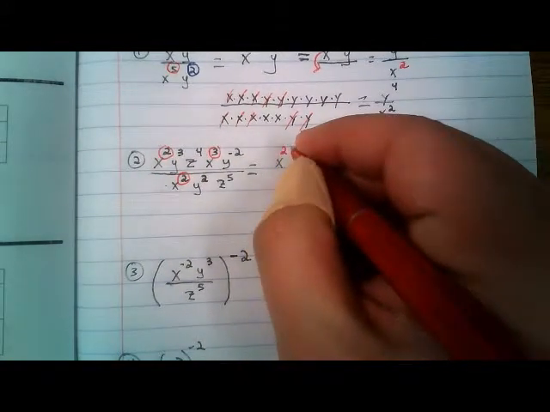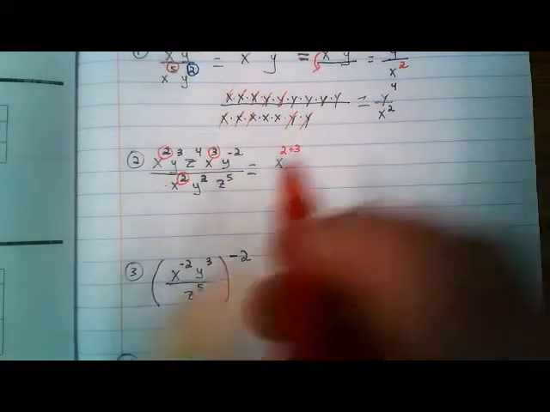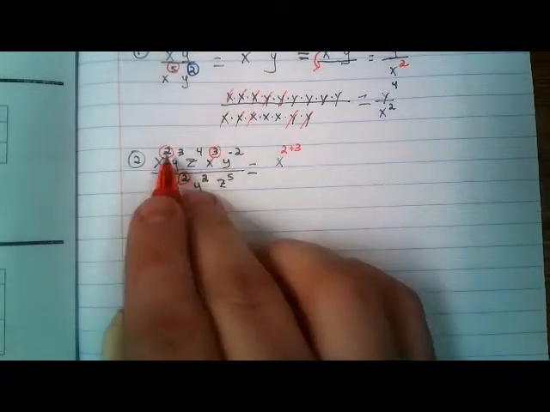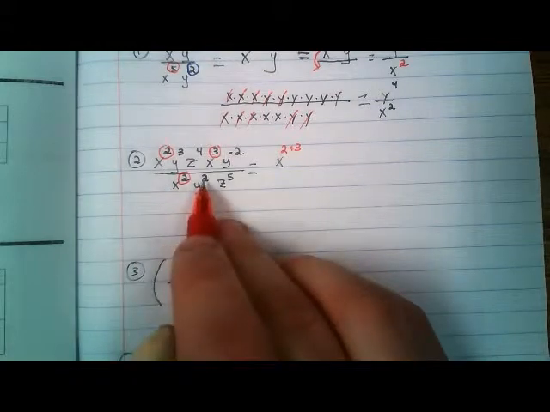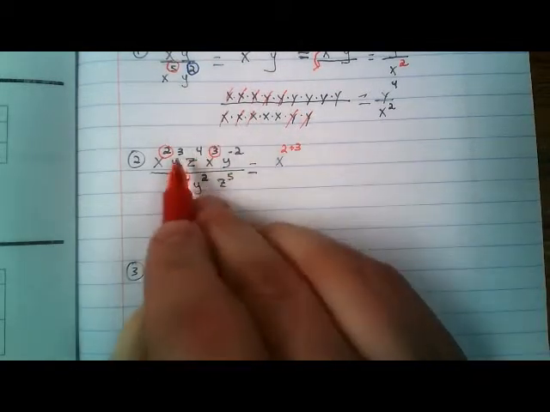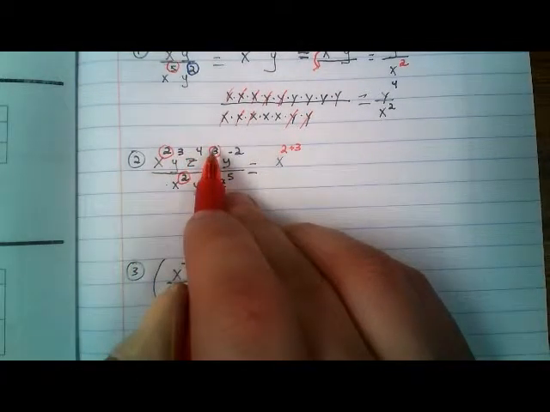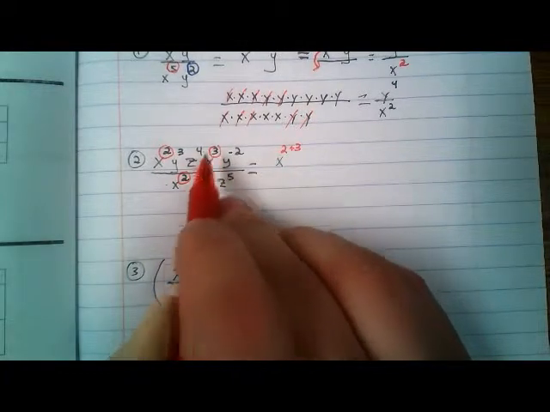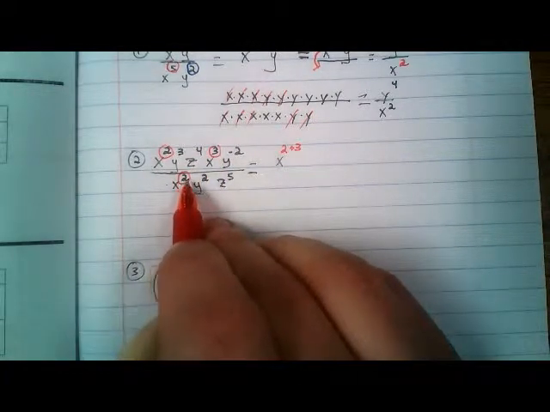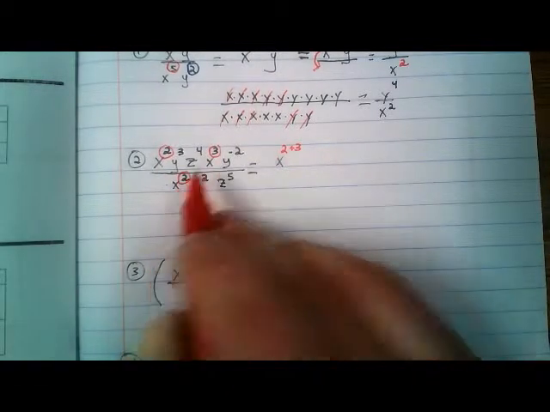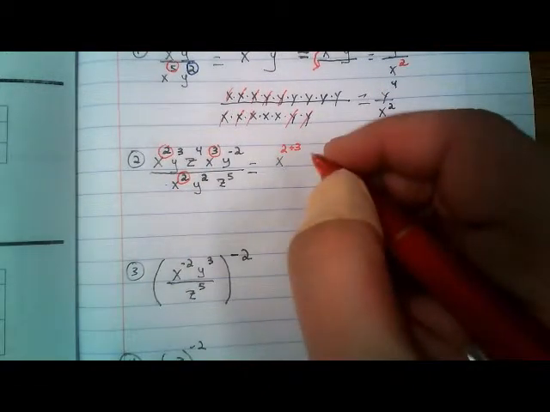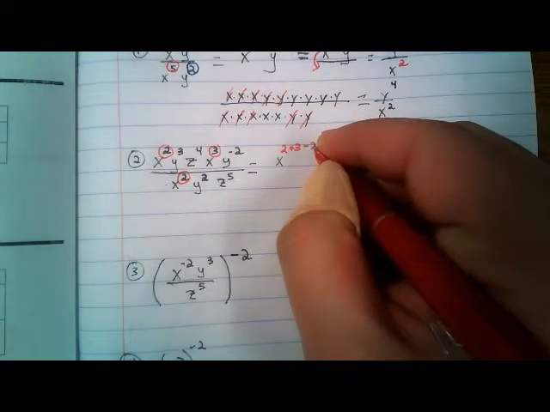If they're both on the numerator, I would add the exponents. If they're both in the denominator, I would add the exponents. So 2 plus 3, and then I'm subtracting the exponent at the bottom, in the denominator, so 2 plus 3, and then minus 2.